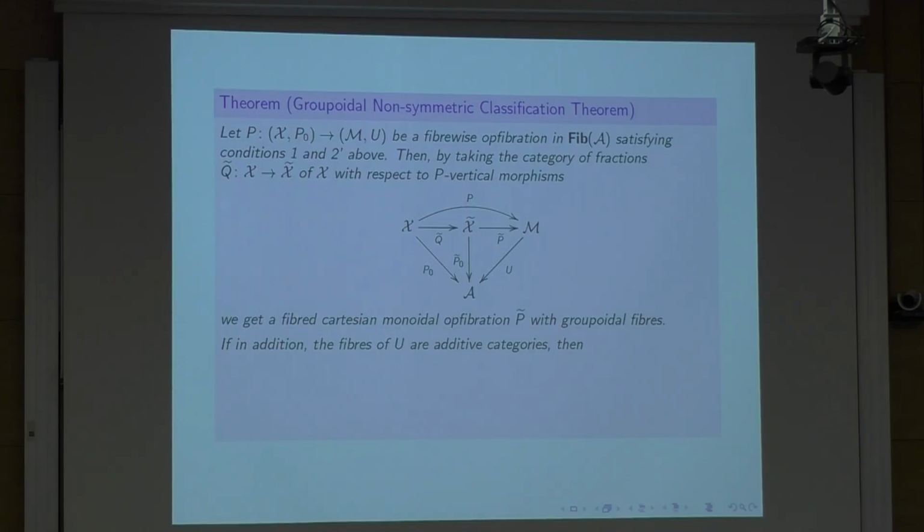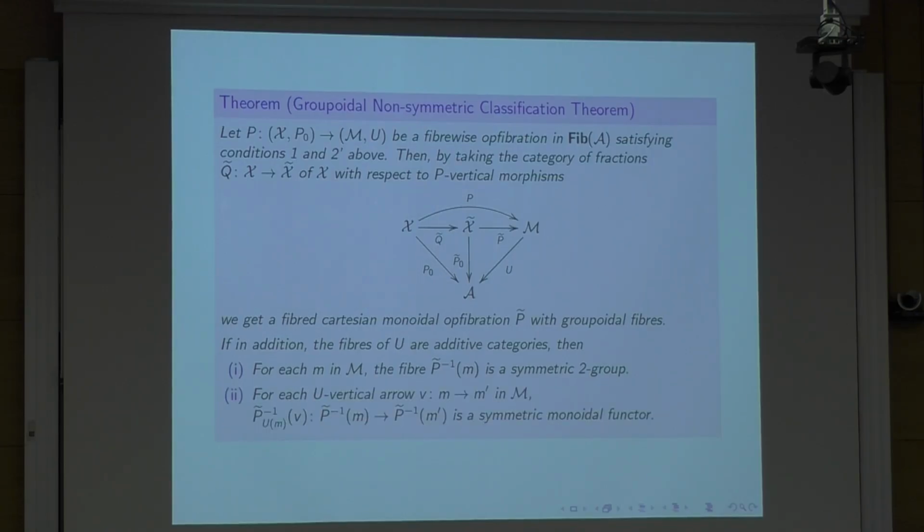Because if we restrict the attention to the case where the fibers of U are additive categories, exactly as in the case of crossed extensions, where the fibers are the category of G modules, then we can apply the previous result to P tilde, this new internal operation, and we can prove that for each object M, the fiber P tilde minus 1 over M is a symmetric 2 group, which means it can be endowed with a symmetric 2 group structure.